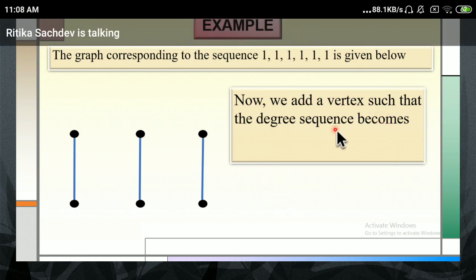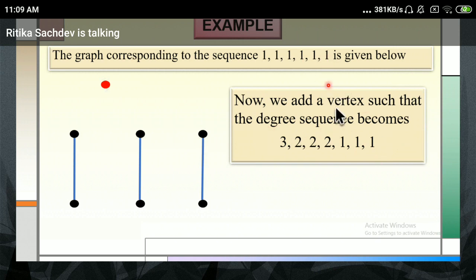Now we add a vertex such that the degree sequence becomes this. Please note, I have added this vertex. What is the degree sequence of the previous graph? 1, 1, 1, 1, 1, 1. When I add this vertex, now my degree sequence should become 3, 2, 2, 2, 1, 1, 1. So how should I do this?